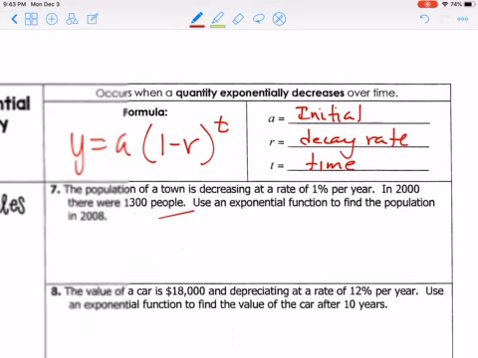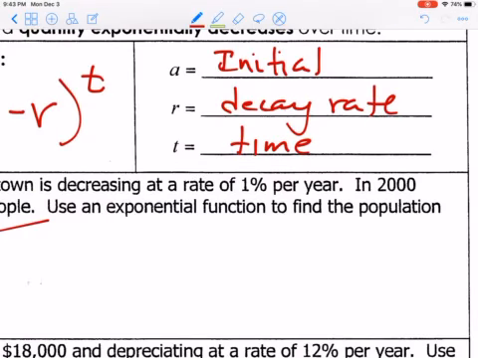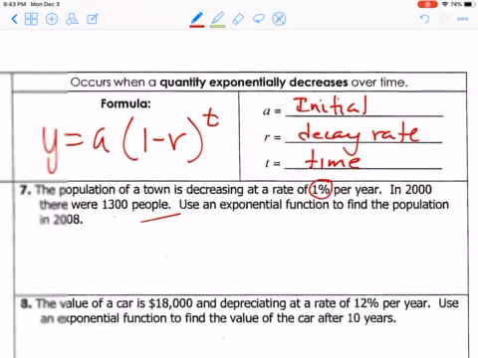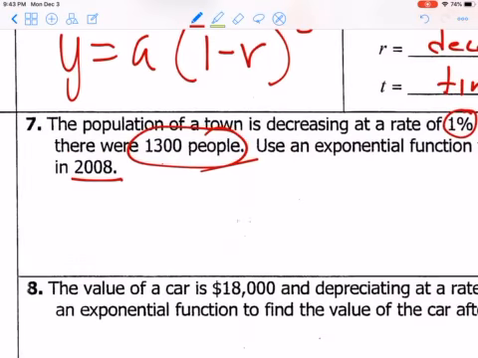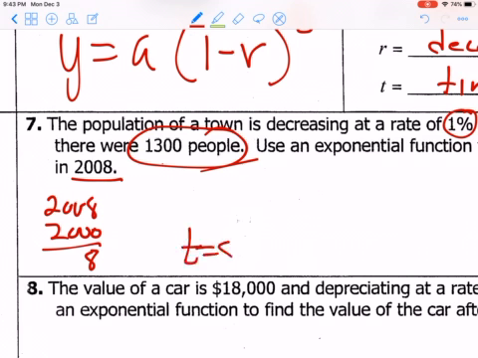So again, we read number 7. The population of a town is decreasing at a rate of 1% per year. In 2000, there were 1,300 people. There's our initial. Use an exponential function to find the population in 2008. So from 2008 to 2000, that was 8 years. So we have our T to be 8.